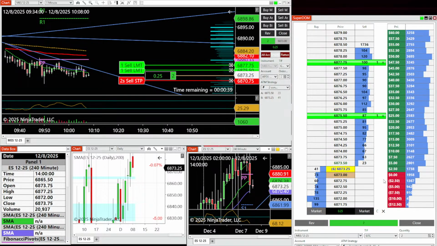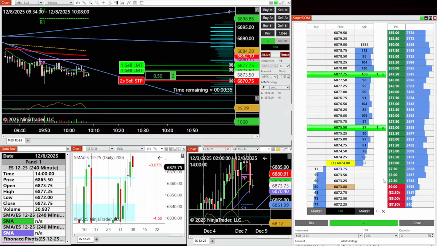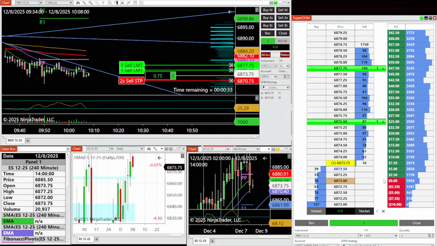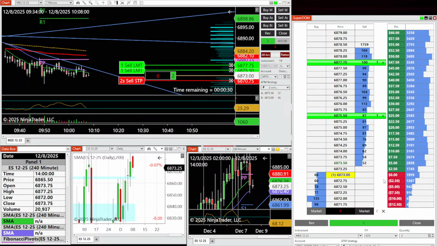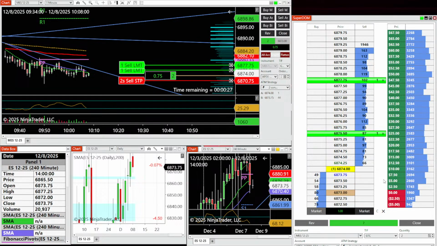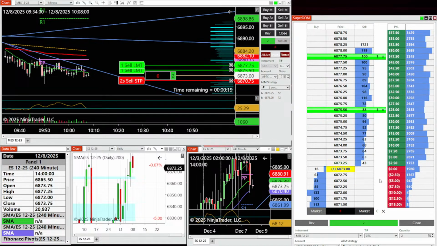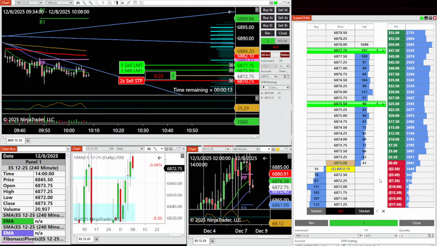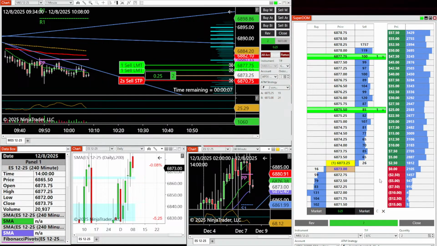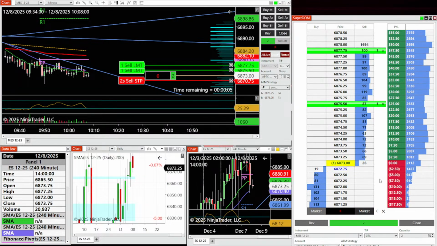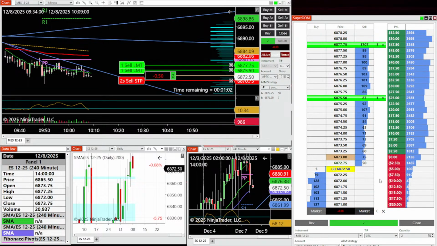See if we can get off these lows. We're having a hard time getting off these lows. Looks like we may go lower.